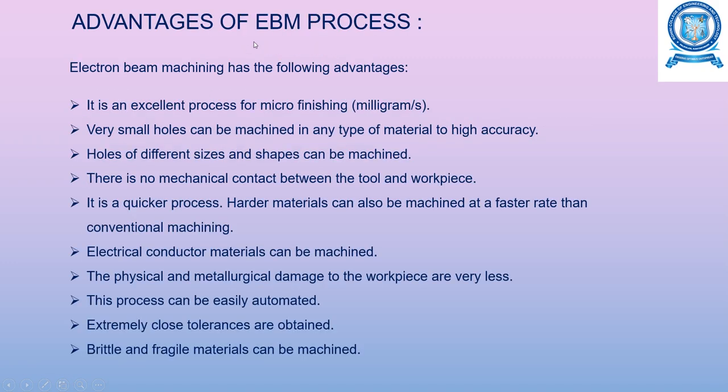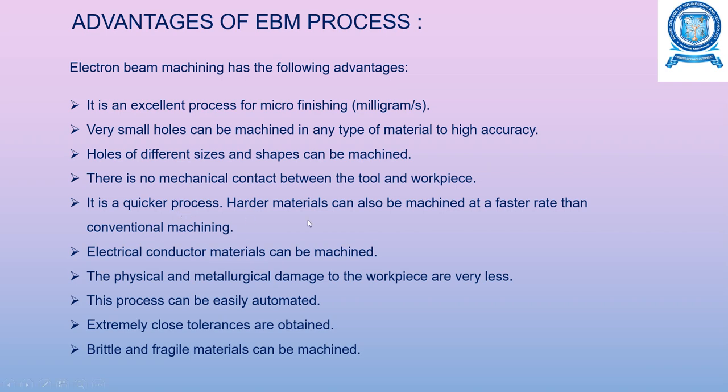The electron beam machining process has the following advantages. It is an excellent process for micro finishing, and very small holes can be machined in any type of material to high accuracy. You can machine different sizes and shapes of holes, and there is no mechanical contact between the tool and workpiece, which is a good advantage.